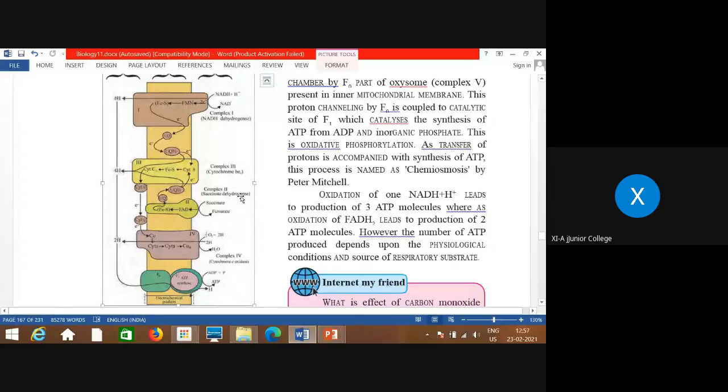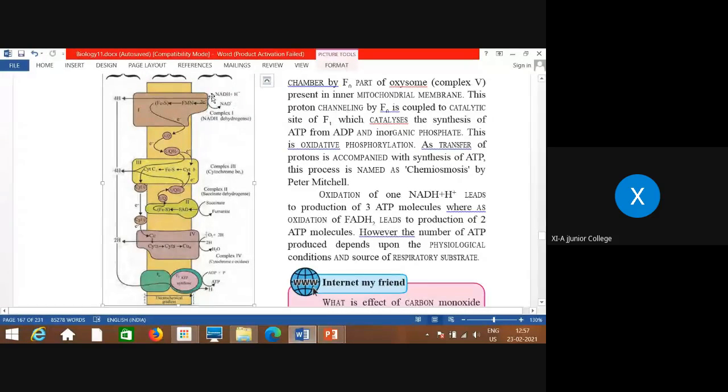This is what happens when NADH2 is used: this is the first ATP generated, an additional one. And when FADH2 is there, the rest of the things from BC1 to C give the first ATP for this, and then next is from A to A3, this is the last one. So the rest of the things are the same.